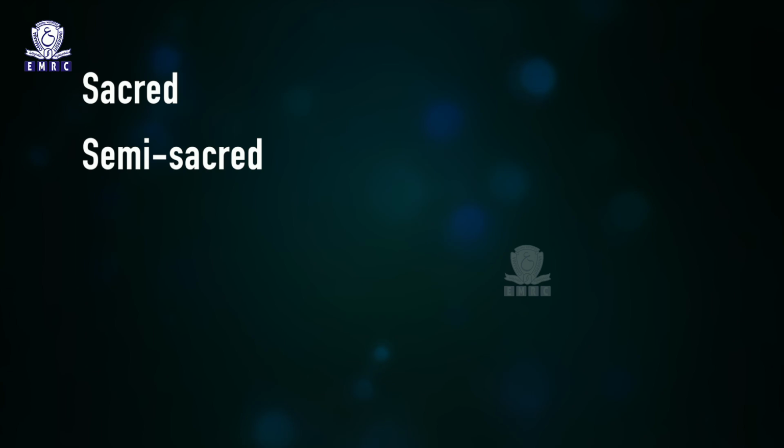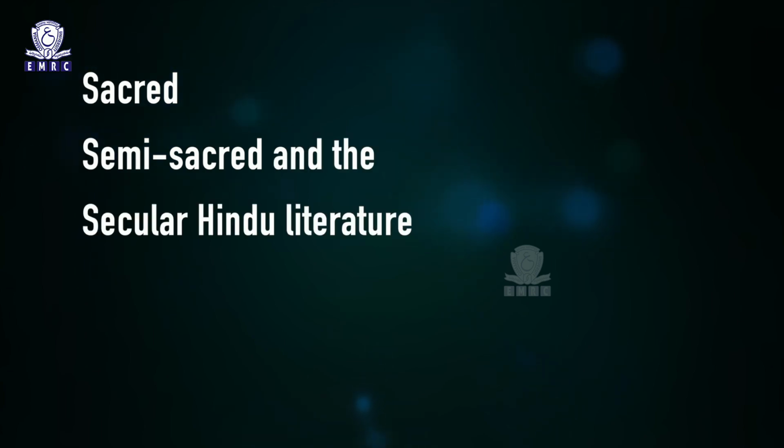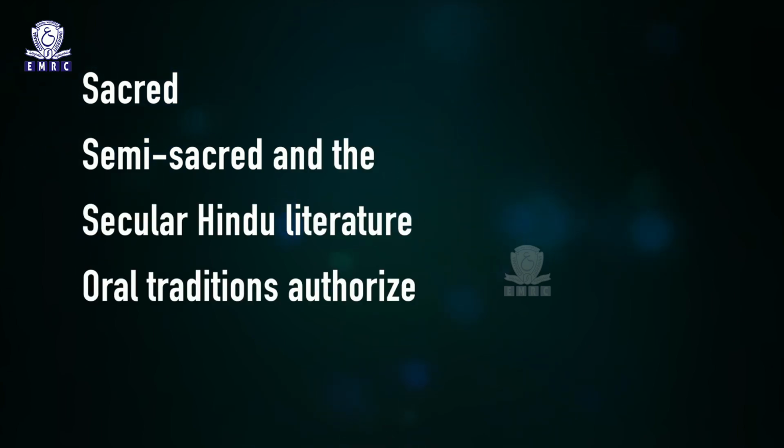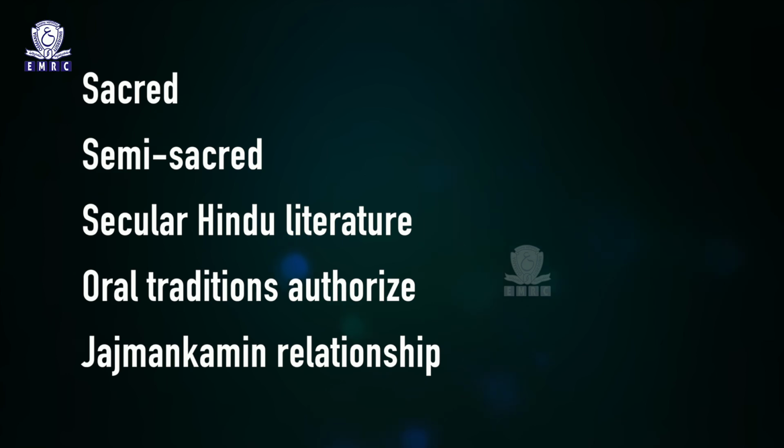The sacred, semi-sacred and the secular Hindu literature and oral traditions authorize and justify the Jajman-Kamin relationship. The caste council has the power to punish erring Jajmans and Kamins. At the same time, the sanctions permit that the Kamin may not perform the required services, and the Jajmans also may take away land rented or granted to the Kamin.